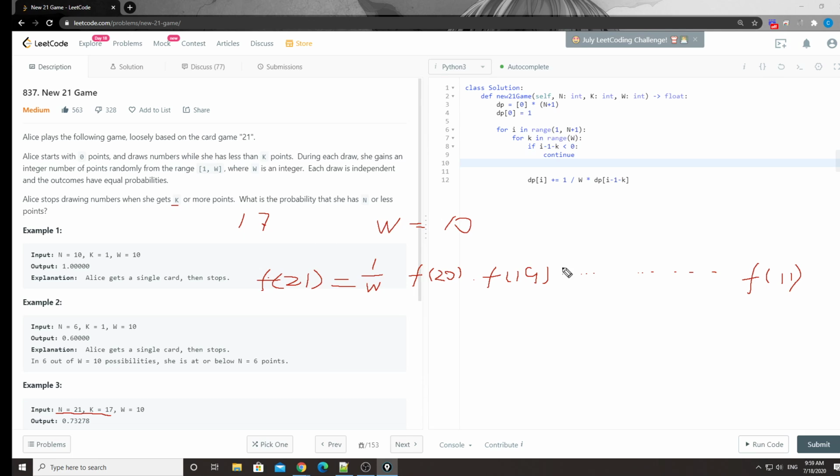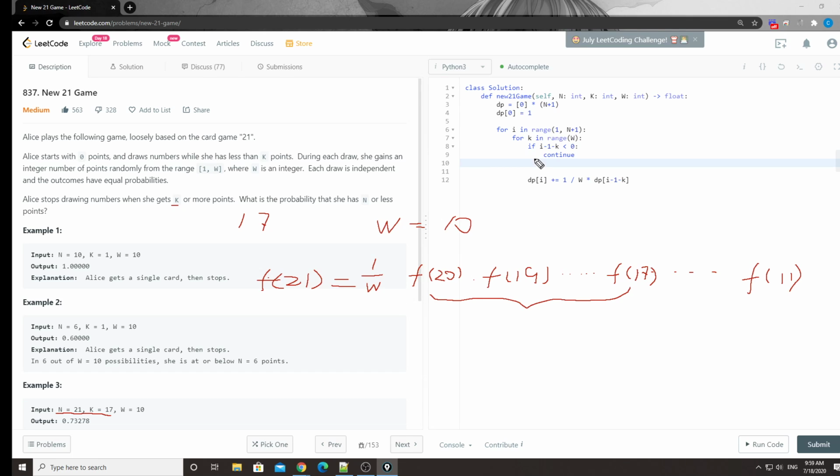Basically, the K is 17, right? Once you reach 17, there's no way you can get from F17 to F20 to 21 because it does not allow you to draw another card.